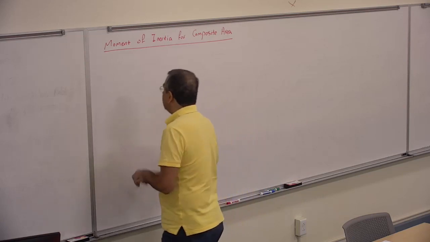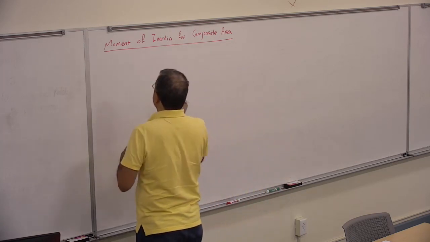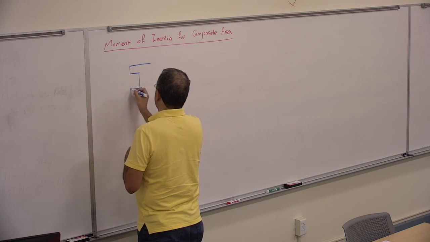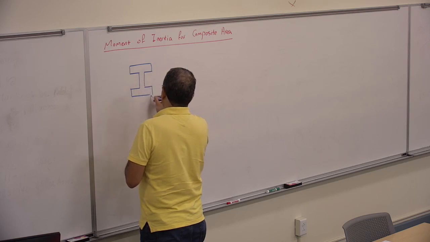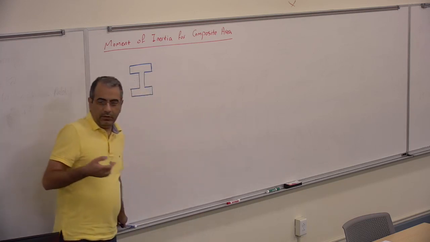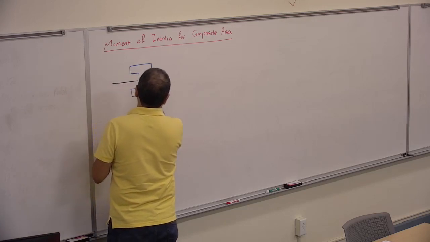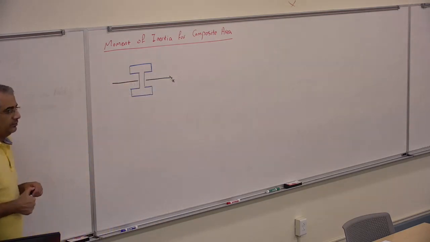So, for example, assume I have an I cross section like that, and I was told, okay, go ahead and find the moment of inertia about this axis.